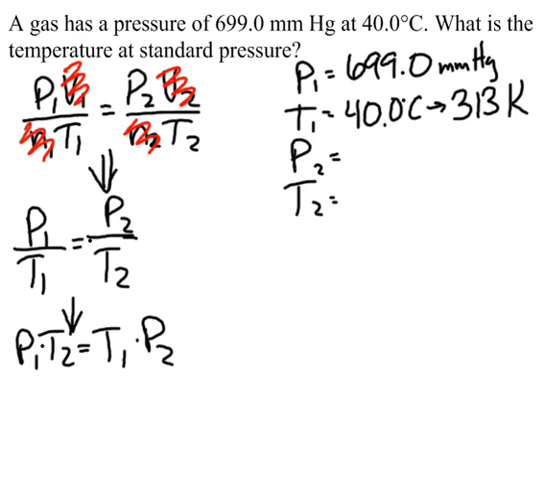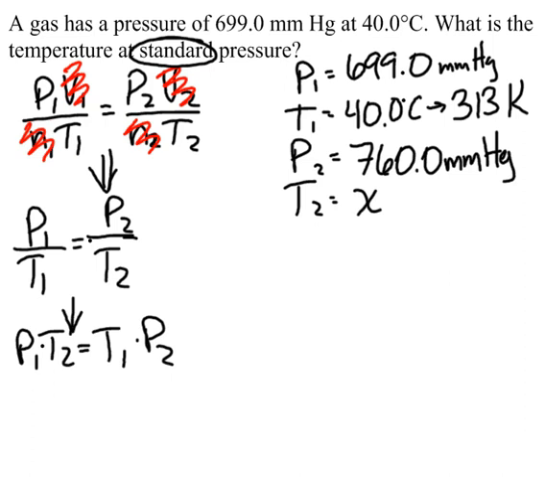My second pressure is standard, and the standard pressure in millimeters of mercury is 760.0 millimeters of mercury. And then your T2 is what you're solving for. Now we take these and plug them into the equation.